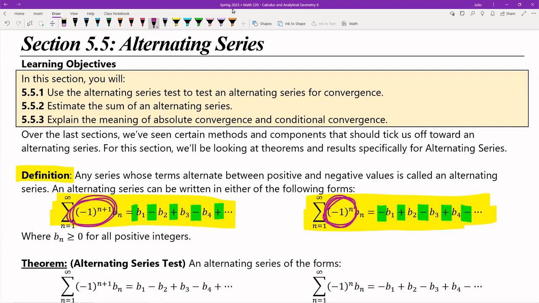Like I said, I cooked in some of these representations in your previous sections, and we're going to revisit that as we keep going. Now, there are two big theorems for this section. One of them is this one right here, the alternating series test.